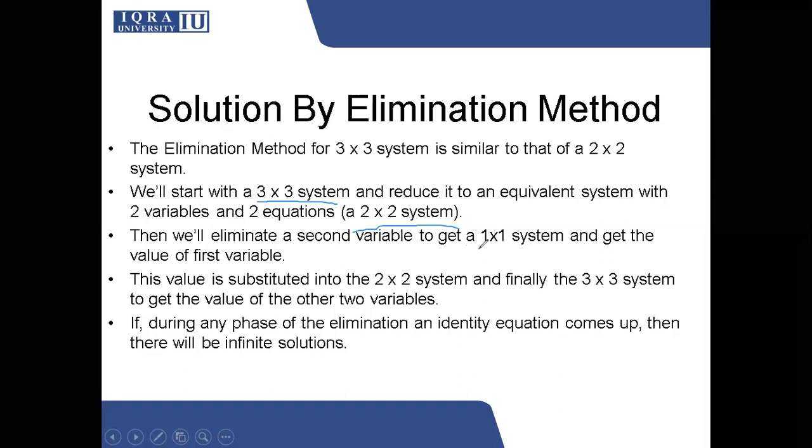We make it into a 1 by 1 system, and we get the value of one variable. Then we go back to the 2 by 2 system and then to the 3 by 3 system. If during any phase of the elimination an identity equation comes up, then there will be infinite solutions. For example, if I have something like 0 equals 0, then this will give me infinitely many solutions. Of course, this is all talk, and we need to understand all of this with a few examples. So let's see how it goes.